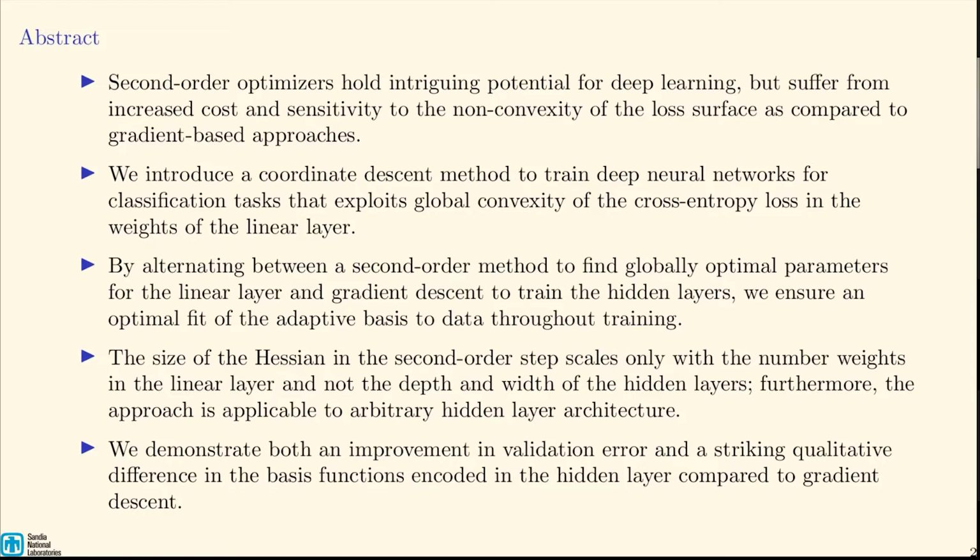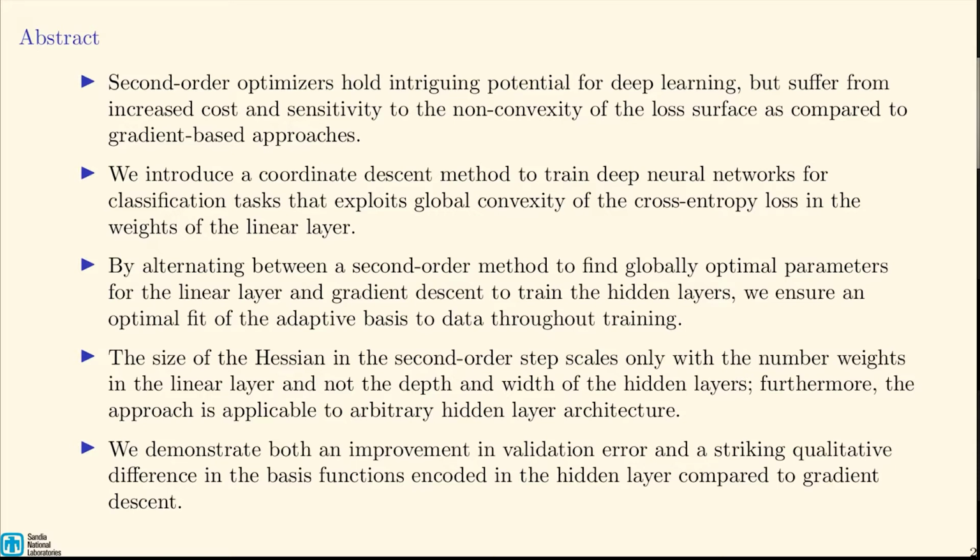I'll explain this more, but it ensures an optimal fit of the basis that's encoded in the network to the data during the training. The other advantage here is that the Hessian in the second order step scales only with the number of weights in the linear layer, and it doesn't grow with the depth and the width of the hidden layer.